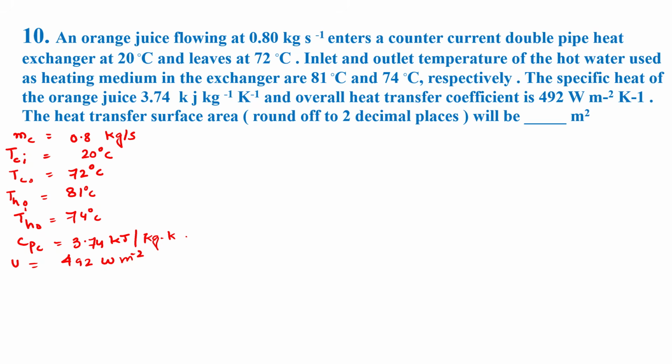So first we'll calculate the rate of heat transfer for the orange juice, that is Q equals to m Cp delta T. m is given as 0.8, Cp is 3.74 and delta T, that is 72 minus 20, it is 52.